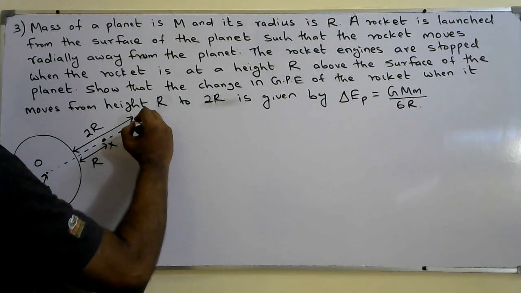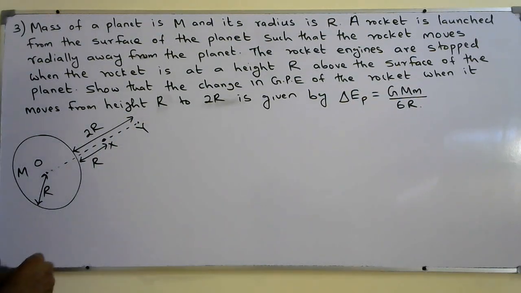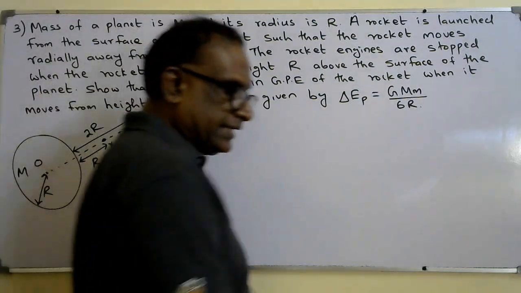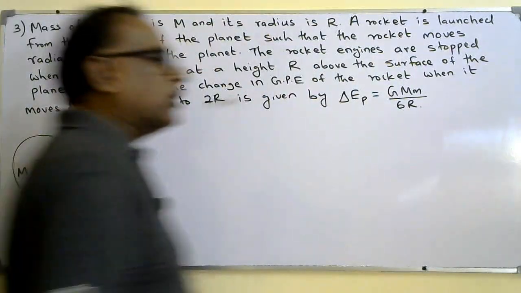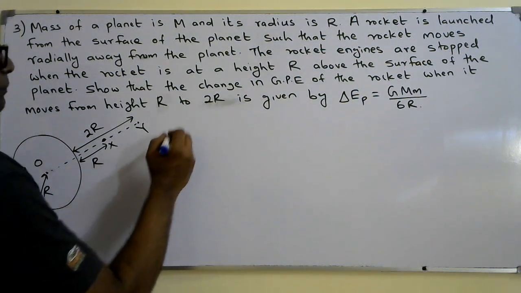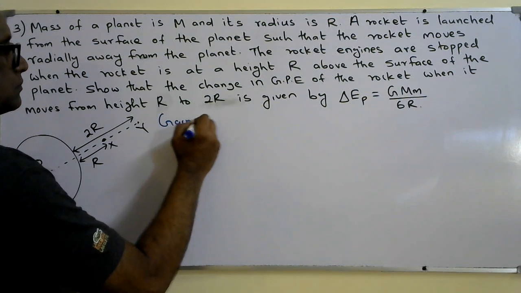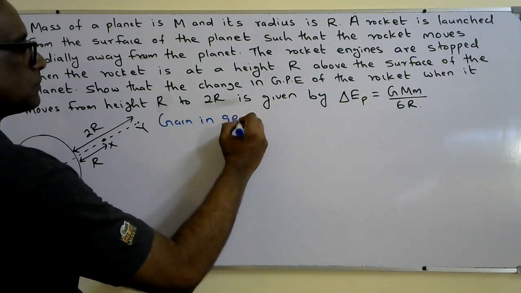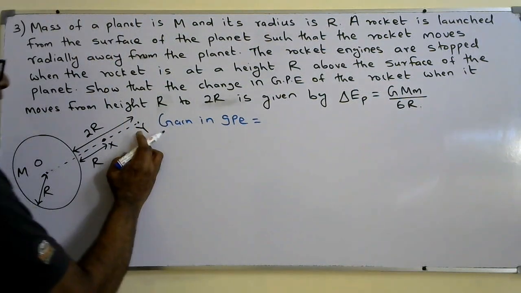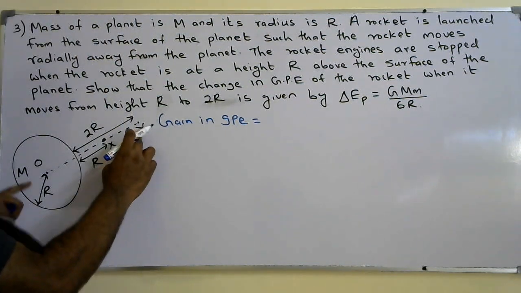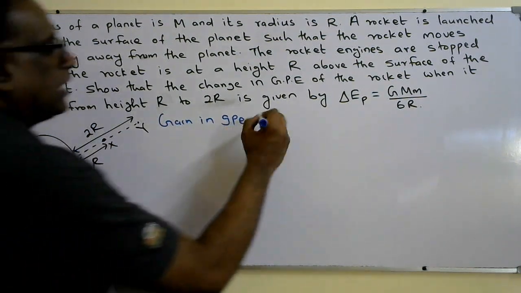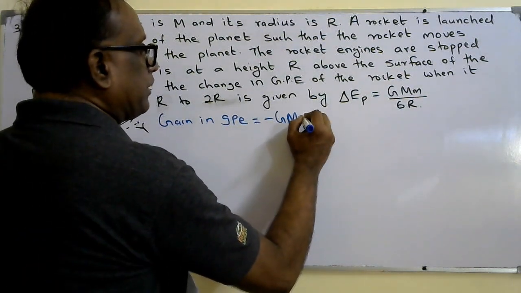Okay, so again it's not a big issue. It's moving away, so it's gaining GPE. So the change in potential energy is the final GP at point Y. The distance from the center of the planet will be 2R plus R, that is 3R, so minus GMm over 3R minus, GMm over 2R.